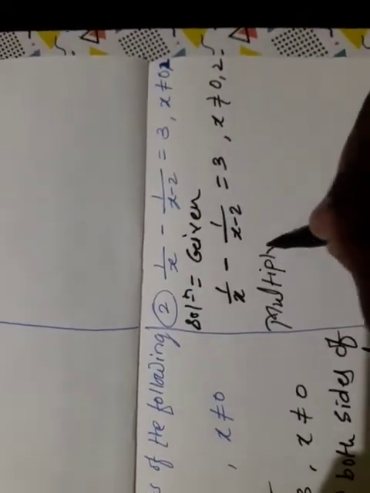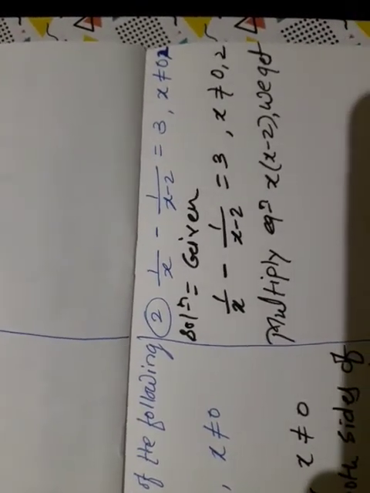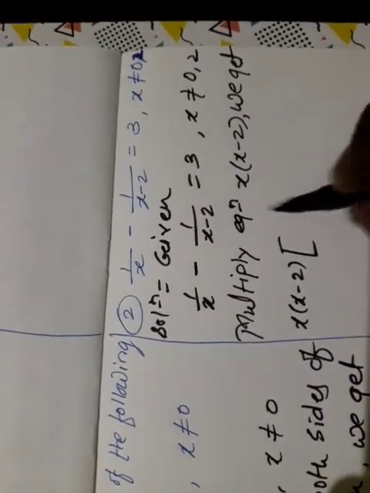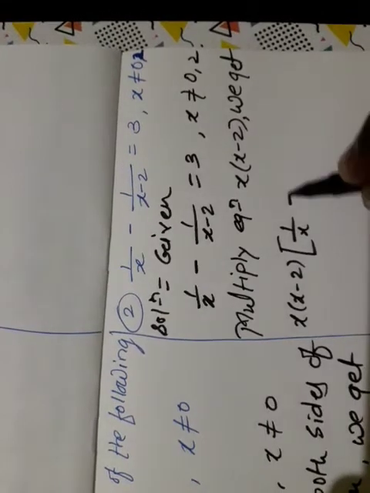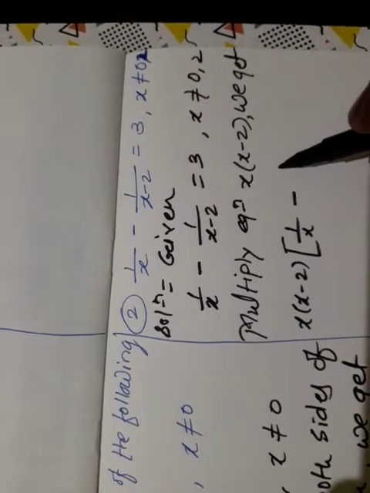Multiplying the equation by x into x minus 2, we get x in bracket x minus 2 times 1 upon x minus 1 upon x minus 2 is equal to 3 in bracket x into x minus 2, bracket complete.